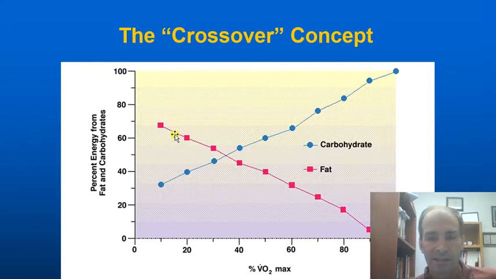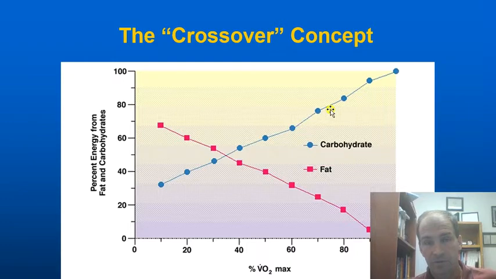With low intensity exercise where we don't require as much ATP so we can form it more slowly, fats is a pretty good choice.